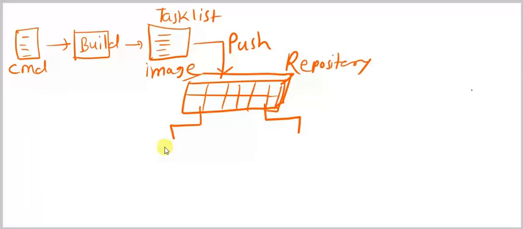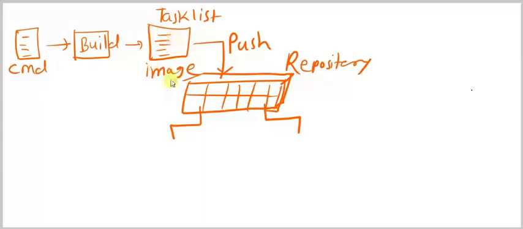It is either a Docker repository or an ECS repository, because if we are working with AWS, it is called ECR, or it may be a Docker repository. And after the push operation, all your images get saved in the repository, and if you want to pull it, you can pull it, and with the help of an image we can create the containers.